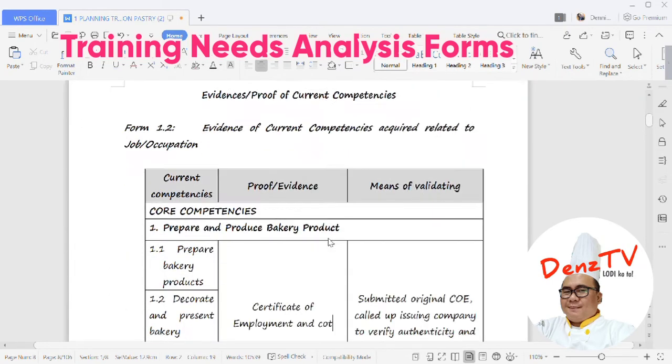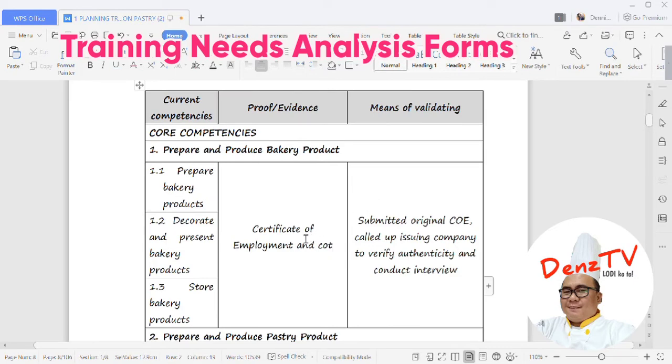So you are going to validate his or her certificate. How? Of course, by calling first the company to verify the authenticity and currency of the certificate. Once verified, all you have to do is to conduct recognition of prior learning. So what are the assessment methods?